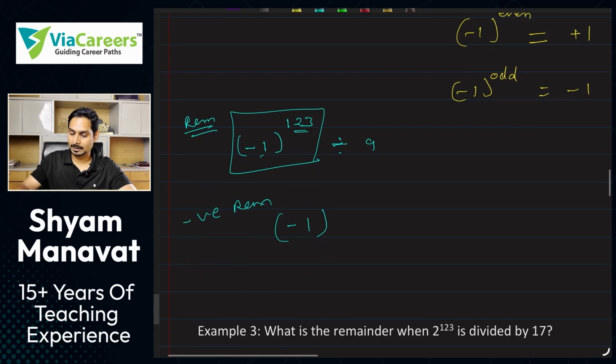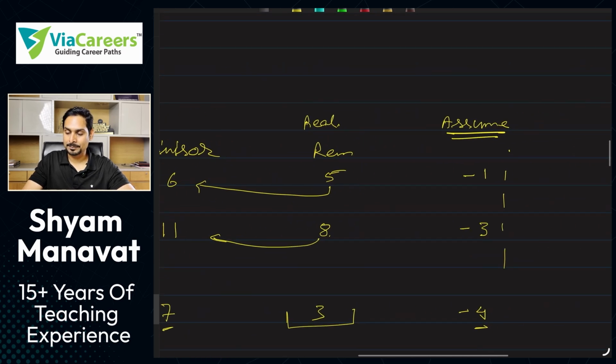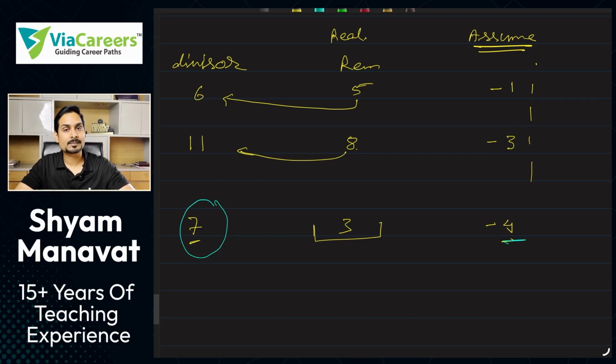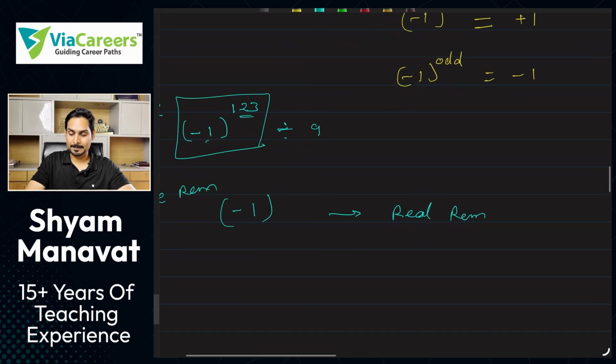In that case, shall I show you the example once again? The real remainder is the divisor plus the negative remainder. So 7 minus 4 is plus 3, which becomes the real remainder, right? That's the example we got here.